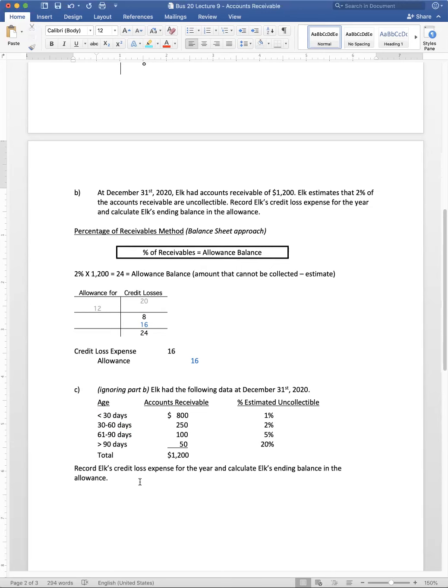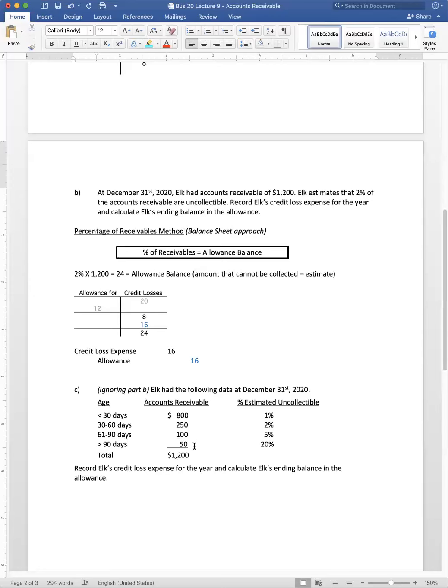All right. Why would a company do this? Why would a company go to all this work to break down their receivables by age? Well, the answer is that the older the receivable gets, the less likely we are to collect it. So that's just general common sense.